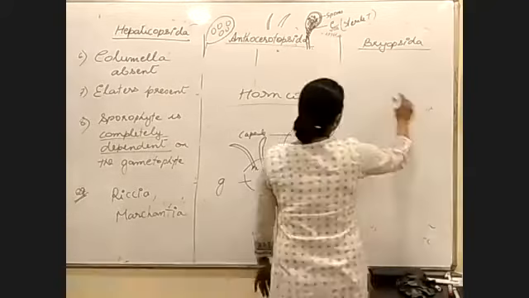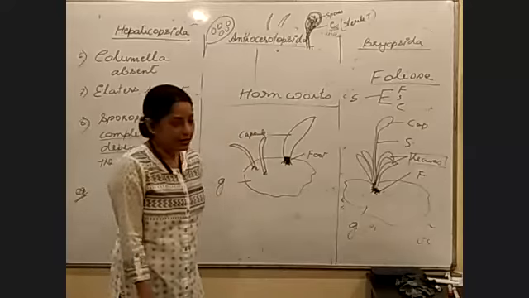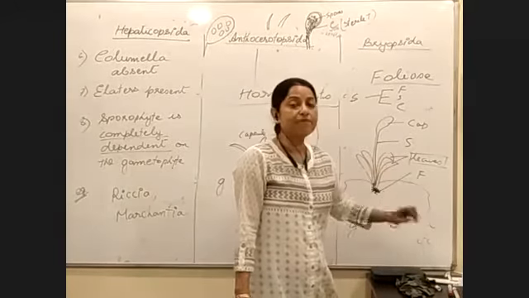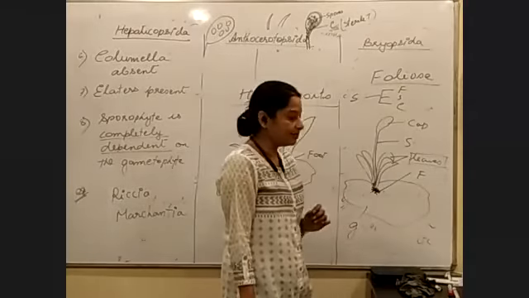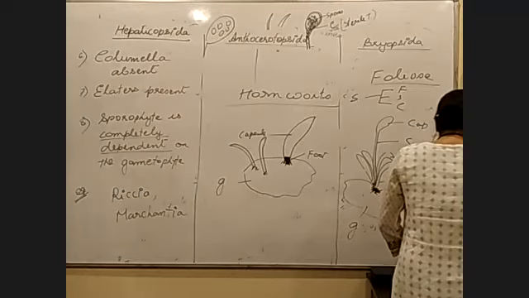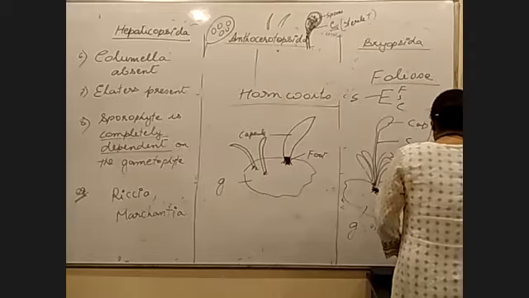This is the foot, right? Then the seta and the capsule, and these are leaves. As we have already written, leaves are present in case of moss, right? Since leaves are present, they can prepare their own food, and so they are not actually dependent on the gametophyte. Clear? Yes, ma'am.